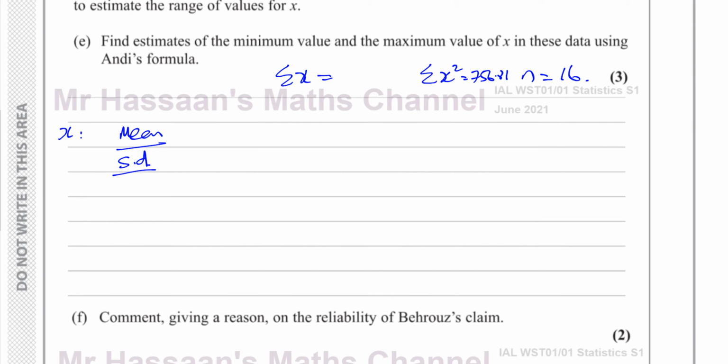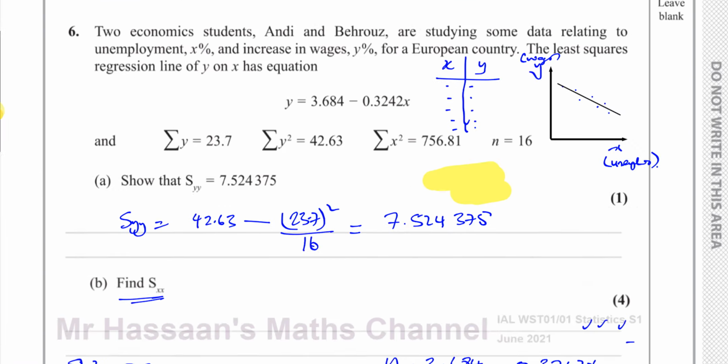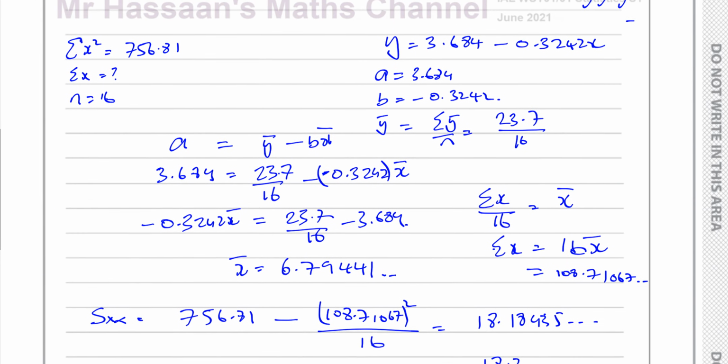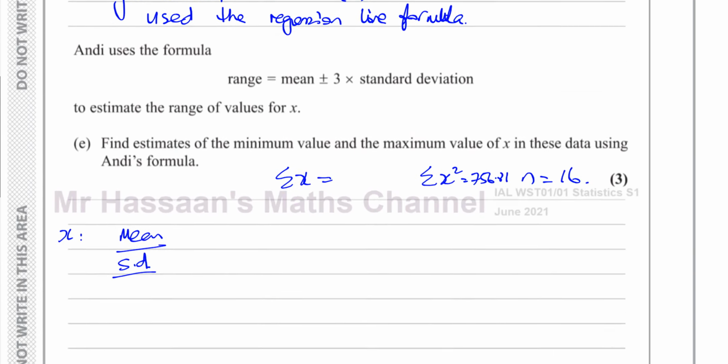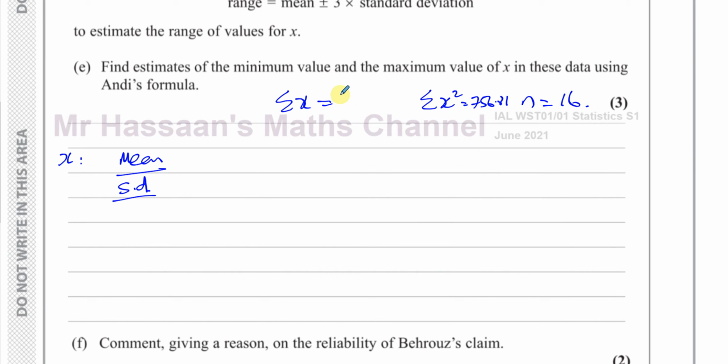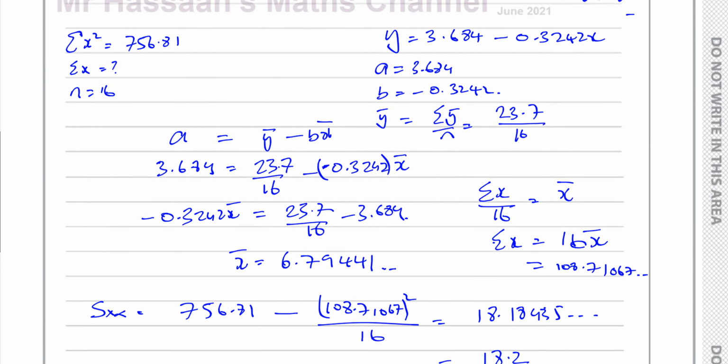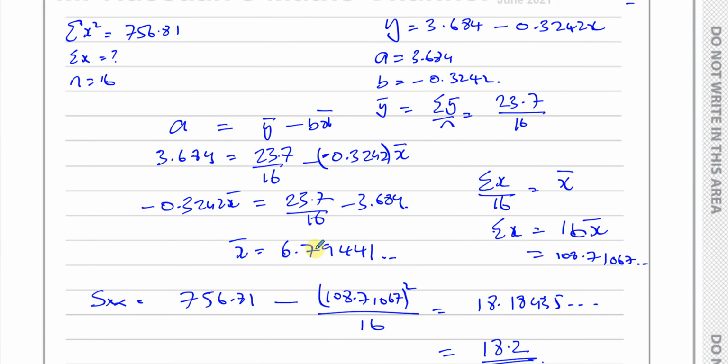And the sum of x we worked out also. Where was it? It was 6.7944. Was that right? Just make sure. Oh, that was the mean of the x values.